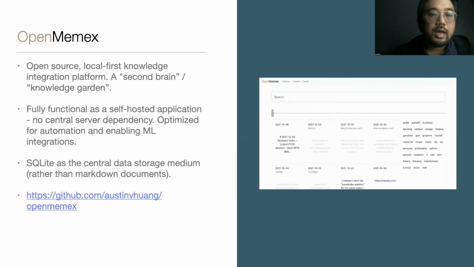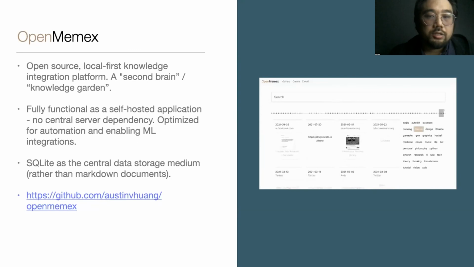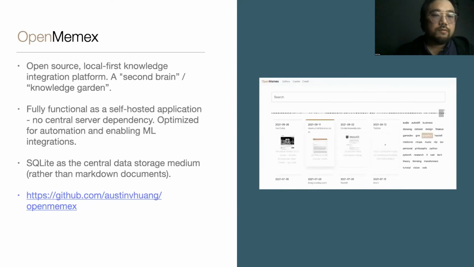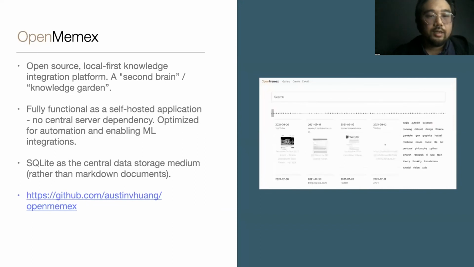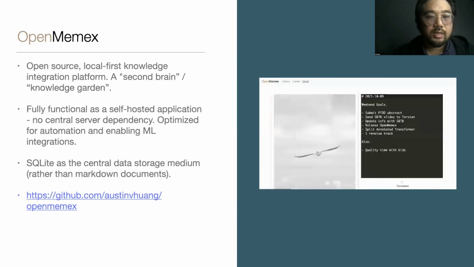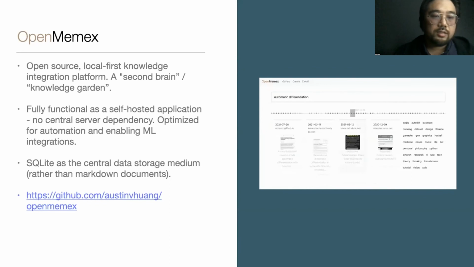The idea is to enable machine learning integrations around NLP in a way that can be personally owned as an application. Part of that is using SQLite as the storage medium. If you're interested, take a look at the GitHub repo for that.